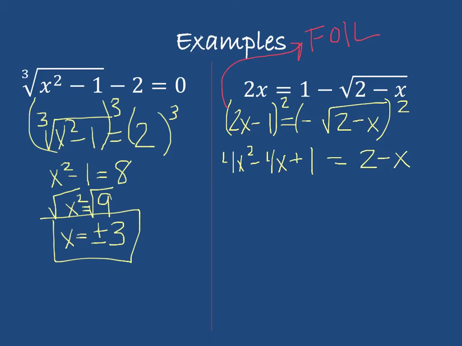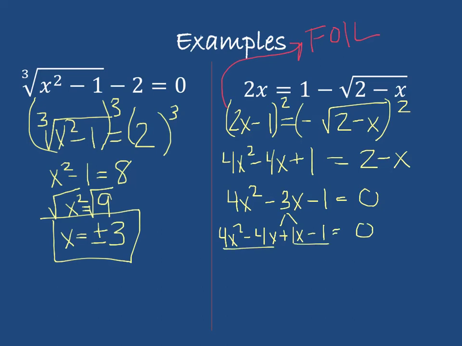Once we FOIL it, notice it's a quadratic equation because my degree is 2. So I'm going to move everything to one side and get 4x squared minus 3x minus 1 equals 0. Now you're just going to factor it like we have been doing. If I factor using bridge, I'm going to get 4x squared, and my two numbers are going to be negative 4 and positive 1x.